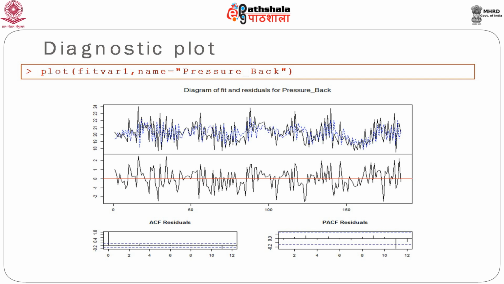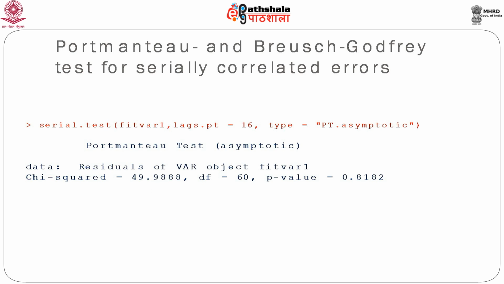That is clearly explained by the R square for pressure back being quite low compared to the pressure at the front of the furnace. ACF and PACF are also not showing much, so I don't see any significant evidence of autocorrelation in the residuals of the model.